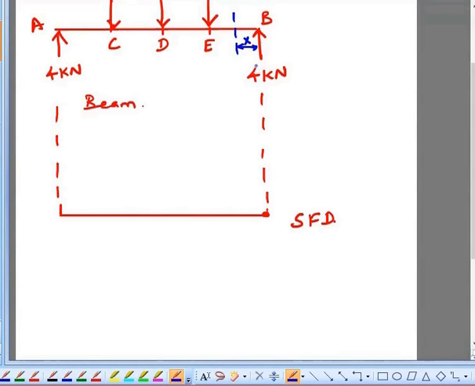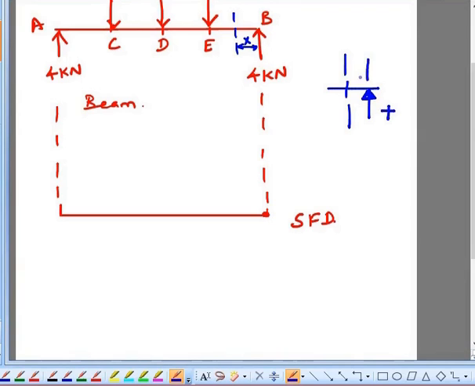So the shear force will be given by plus 4 kilonewton, because if you consider this section like this, the force is acting in the upward direction to the right of the section. So this will be having a positive value.